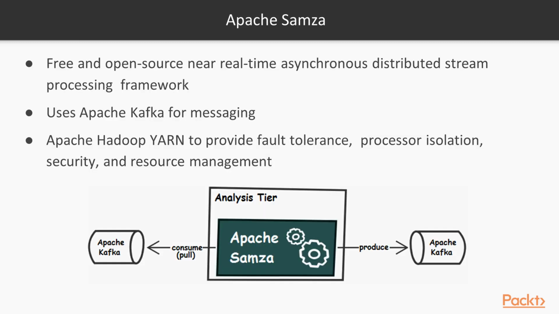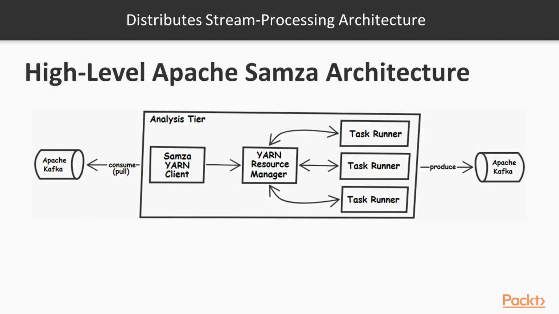Apache Samza is a free and open-source near real-time asynchronous distributed stream processing framework. It uses Apache Kafka for messaging and Apache Hadoop YARN to provide fault tolerance, process isolation, security, and resource management. Let's see the Samza high-level architecture. YARN is a cluster manager designed to handle resource management, job scheduling, and monitoring.